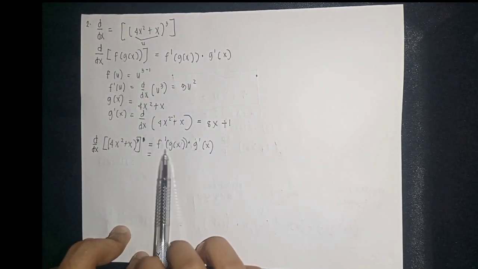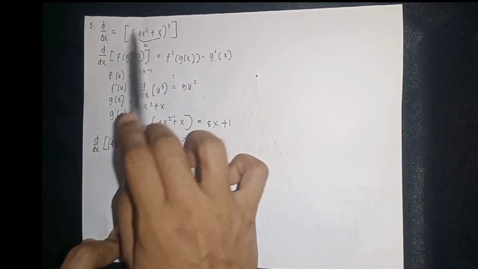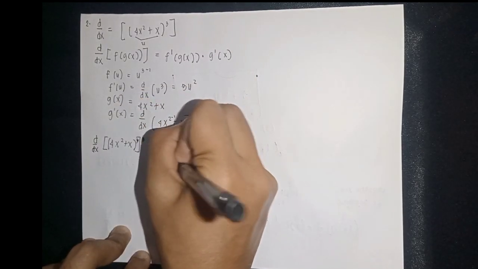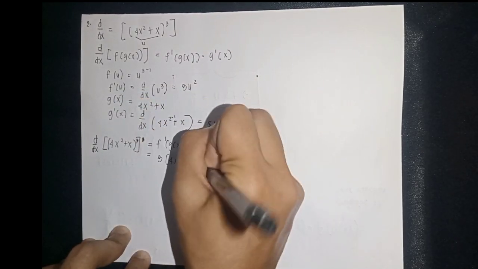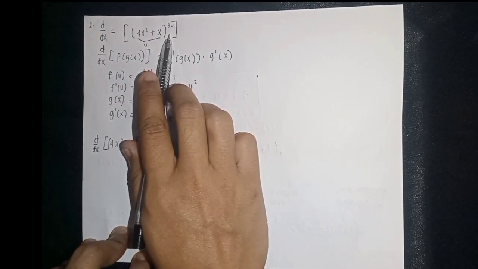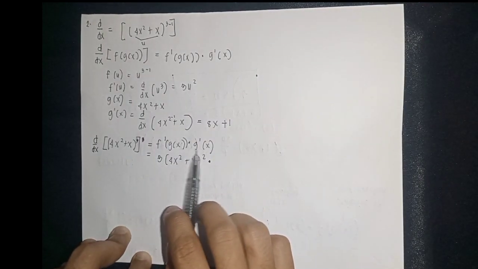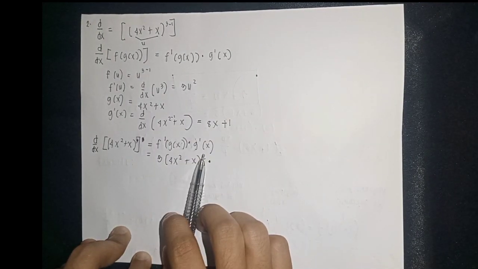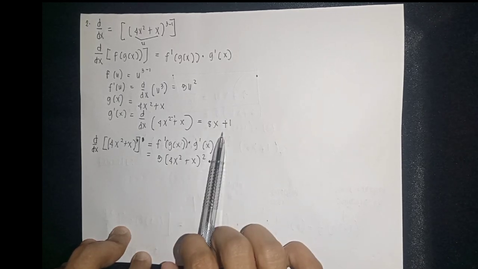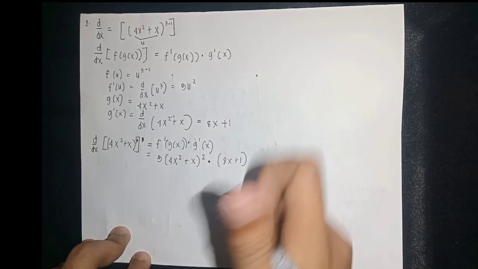So the f prime g of x is definitely the inside function, which is 4x squared plus x. As we notice, it is not cubed, it becomes squared because 3 minus 1 is 2. Then multiply it with g prime of x, which is 8x plus 1. So let's bring down the 8x plus 1.